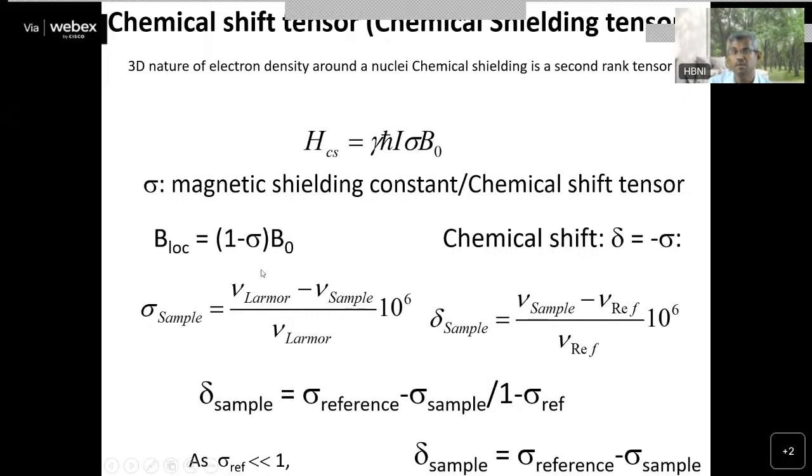The 10 raised to 6 term is there because this difference is in hertz and this is in megahertz, so to get a reasonable number we multiply with 10 raised to 6. So delta sample is nu sample minus nu reference over nu reference, equivalent to sigma reference minus sigma sample over 1 minus sigma reference. As you know, sigma reference is very, very small, so for all practical purposes, delta sample can be represented as sigma reference minus sigma sample.